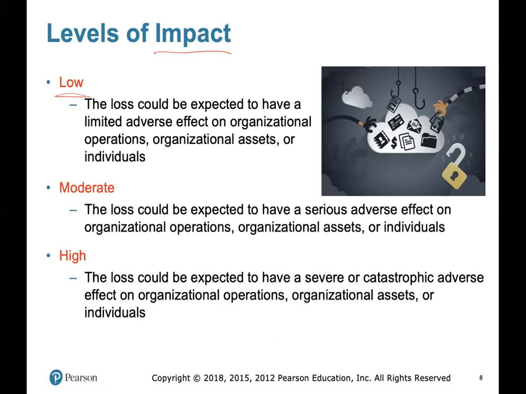In the moderate case, we say that the loss of any of those five pillars could be expected to have a serious adverse effect on organizational operations, organizational assets, or the individuals in the system. This is the moderate. In the high case, we say that the loss would have a severe to catastrophic adverse effect. So sometimes a catastrophe may happen.